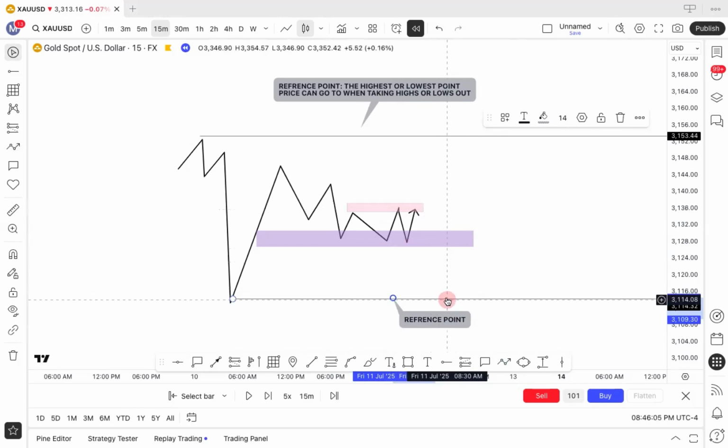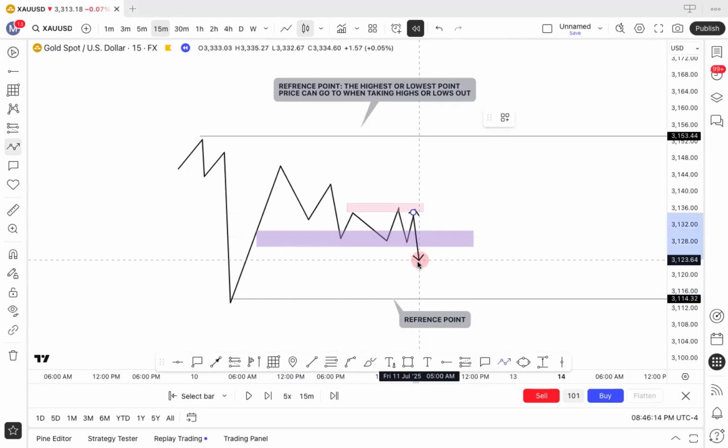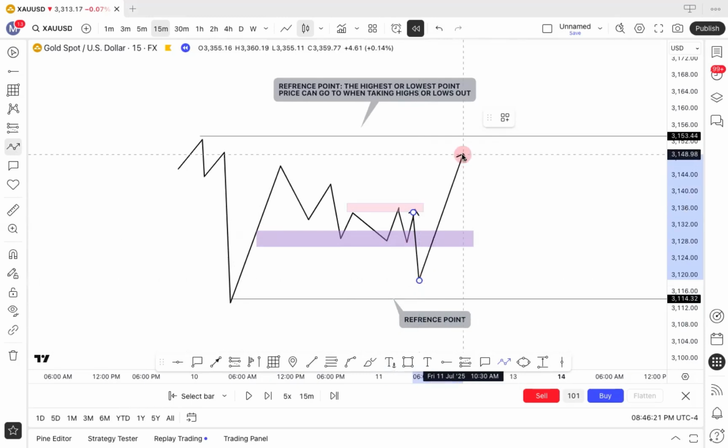As long as we stay above this level here, above this reference point that is below these lows, if we decide to take out liquidity, I'm okay with it. And I will count it as price taking orders out to then reverse into the opposite direction.